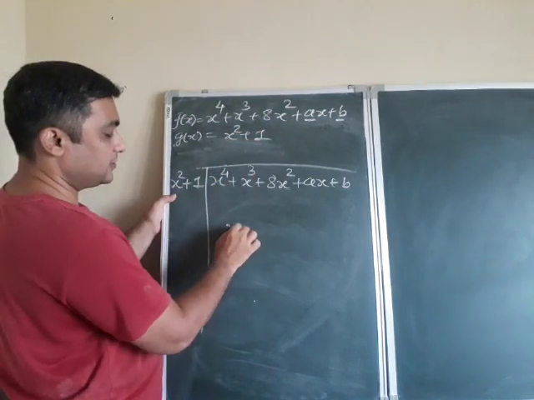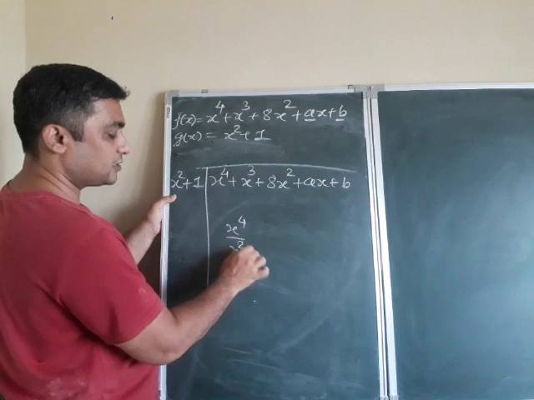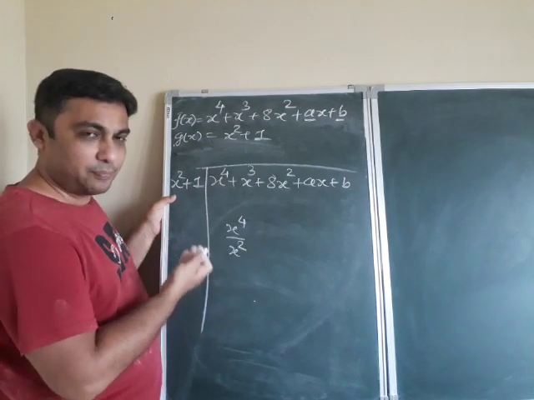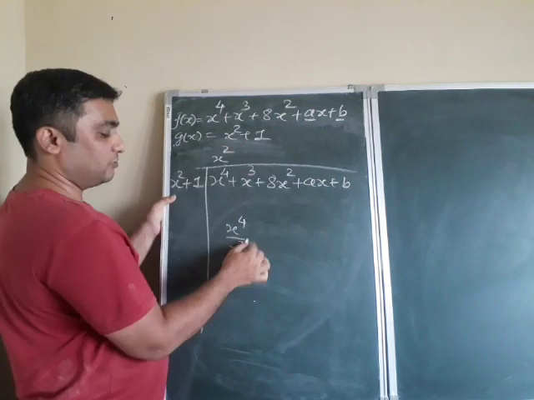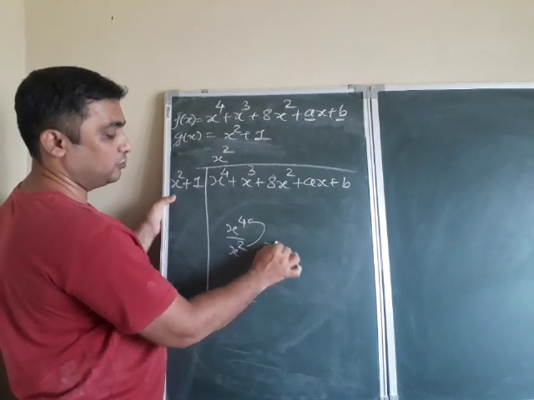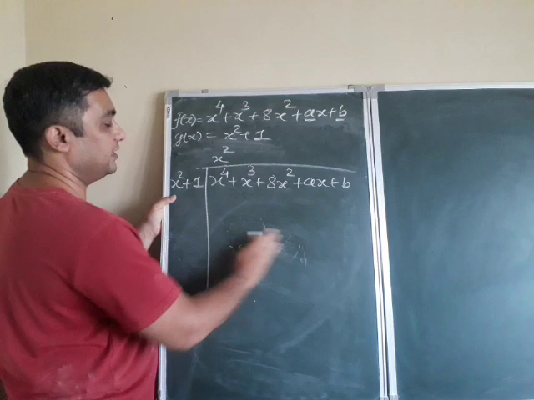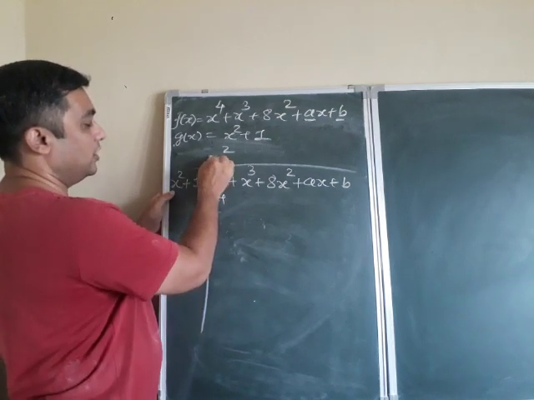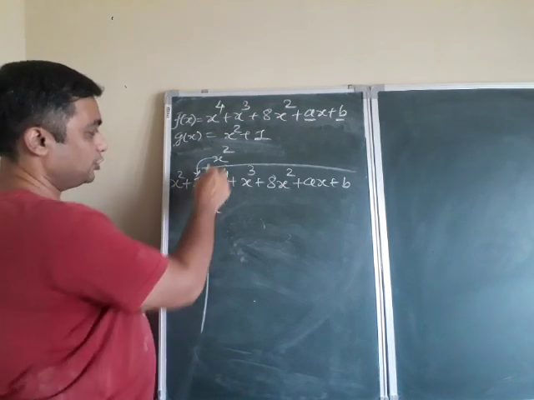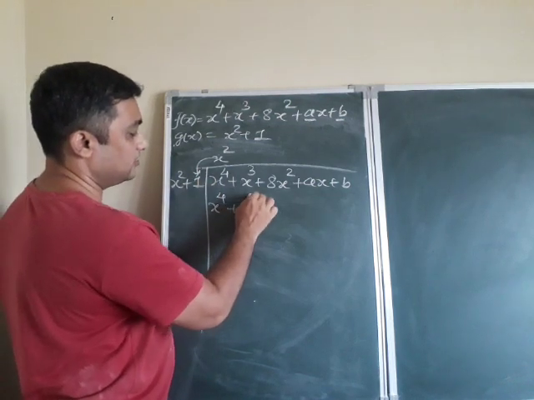This divided by this. X raised to 4 by x square. Okay? Many times I suggest I write directly x square plus 2 here. So 4 minus 2, that is x square. Ready? Now x square into x square, that is x raised to 4. Now 1 is multiplied with x square. So 1 into x square, that is x square.